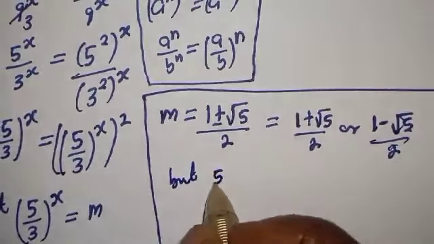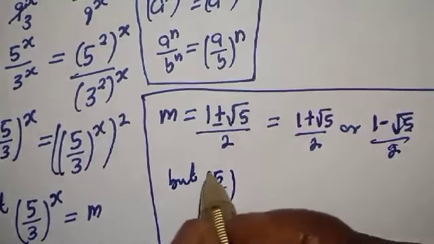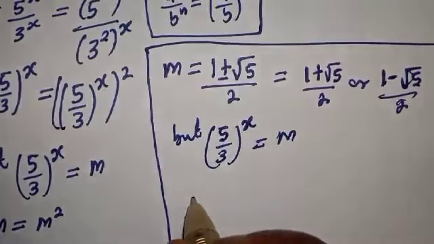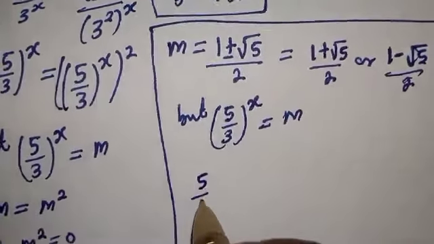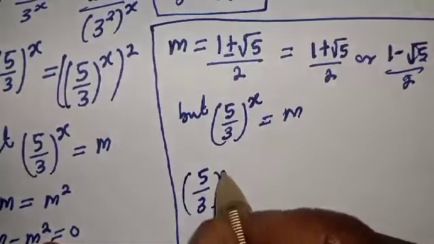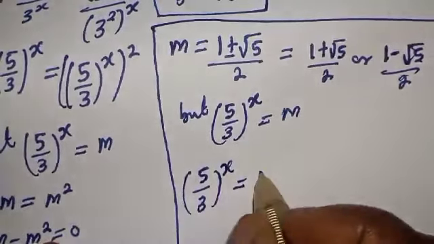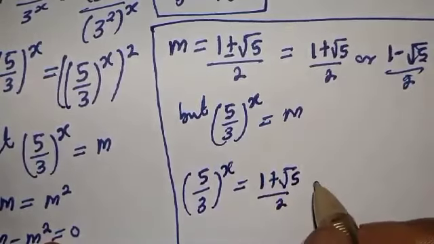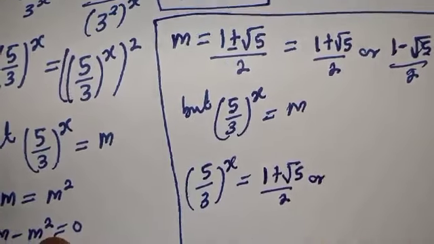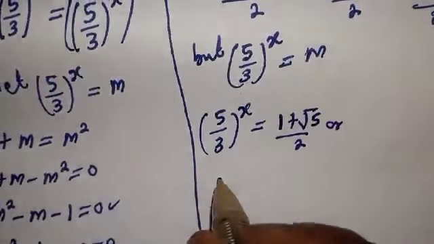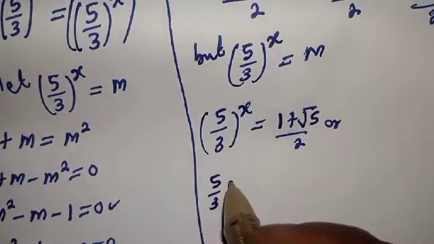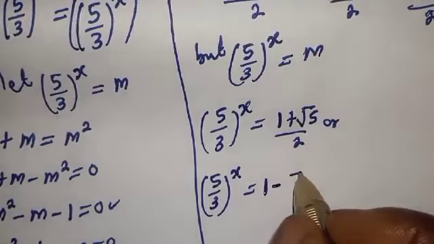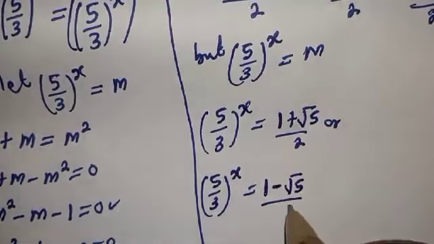But 5 over 3 to the power of s is equal to m. Now 5 over 3 to the power of s is equal to 1 plus root 5 over 2, or 5 over 3 to the power of s is equal to 1 minus root 5 over 2.